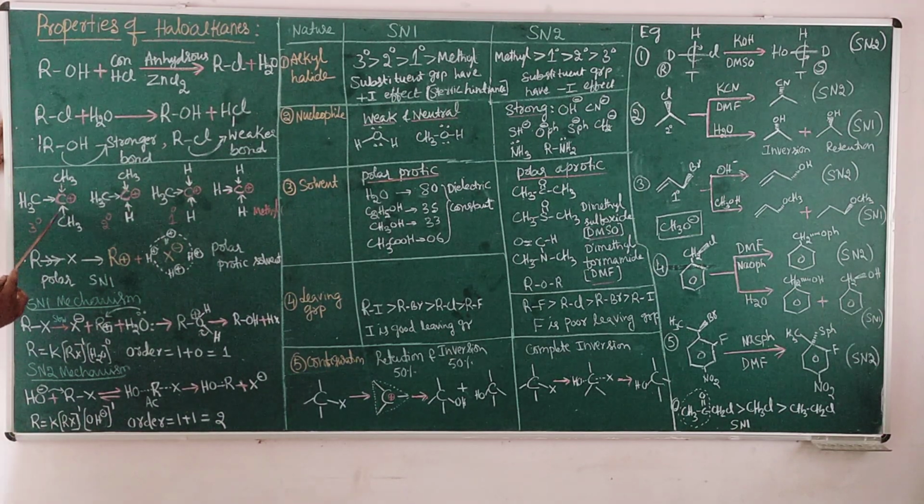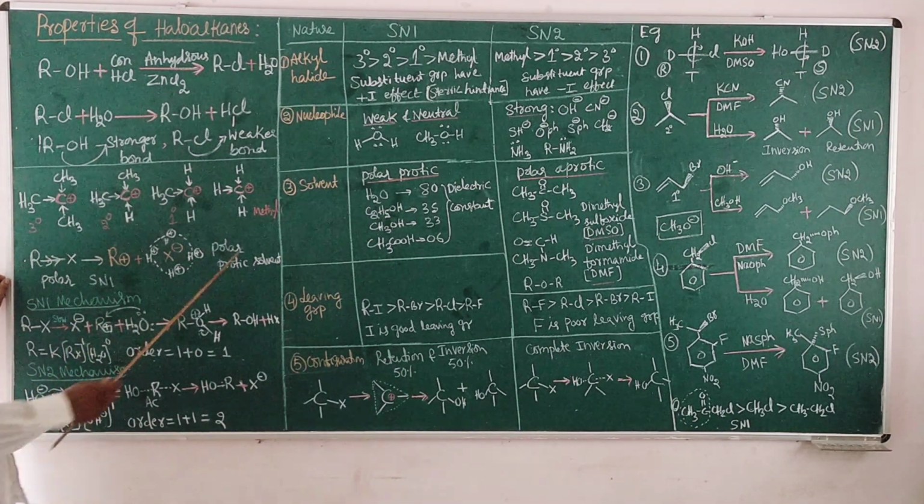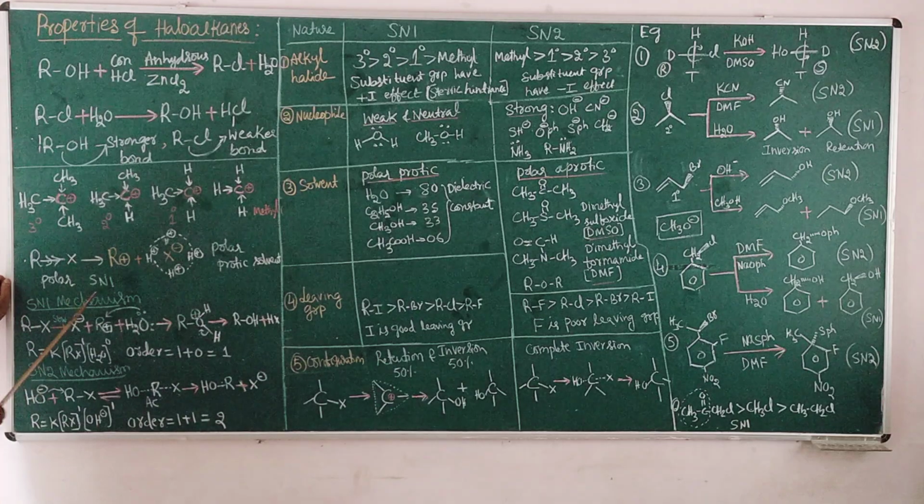This pushing, the positive effect, will stabilize the carbocation, because the electrons are being pushed; stability increases. It depends on the stability of the carbocation. Very important: this reaction depends on the stability of the carbocation. The stability of the carbocation depends on the plus I effect of the substituent.